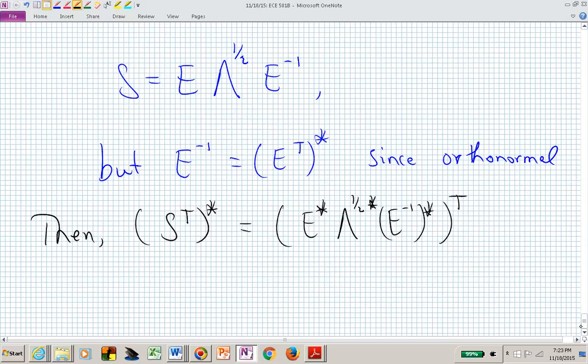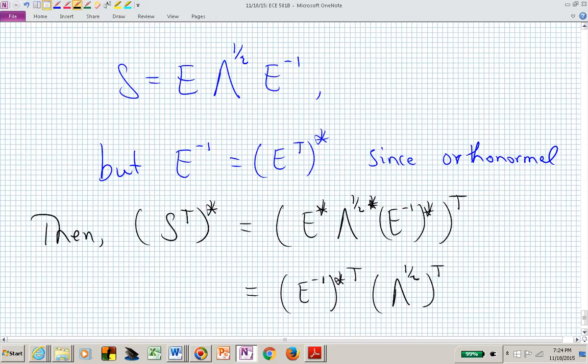It doesn't matter if I transpose and conjugate or conjugate and transpose. Now if I transpose that, I now have E to the minus 1 conjugate transpose. The conjugate of this real square root expression doesn't matter, and the transpose of a diagonal gives us back the diagonal, but let's go ahead and keep that in play for now.